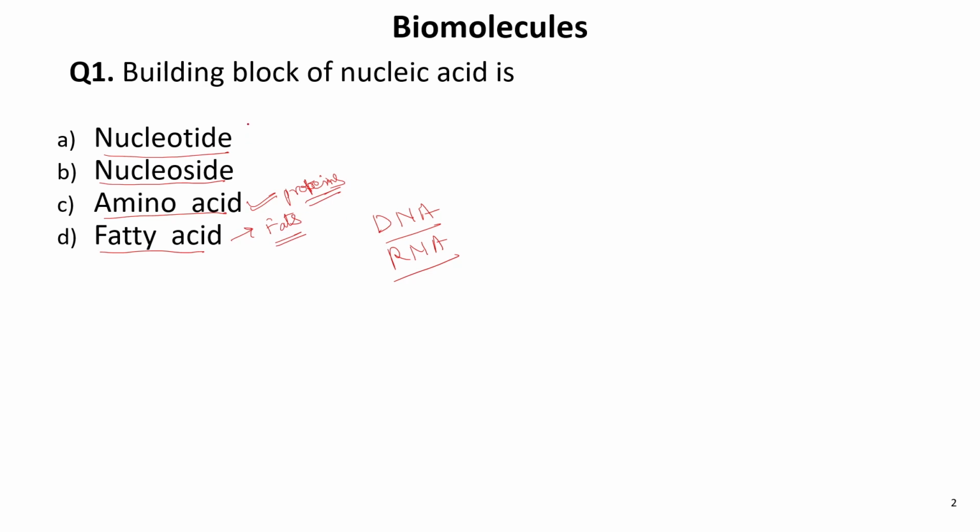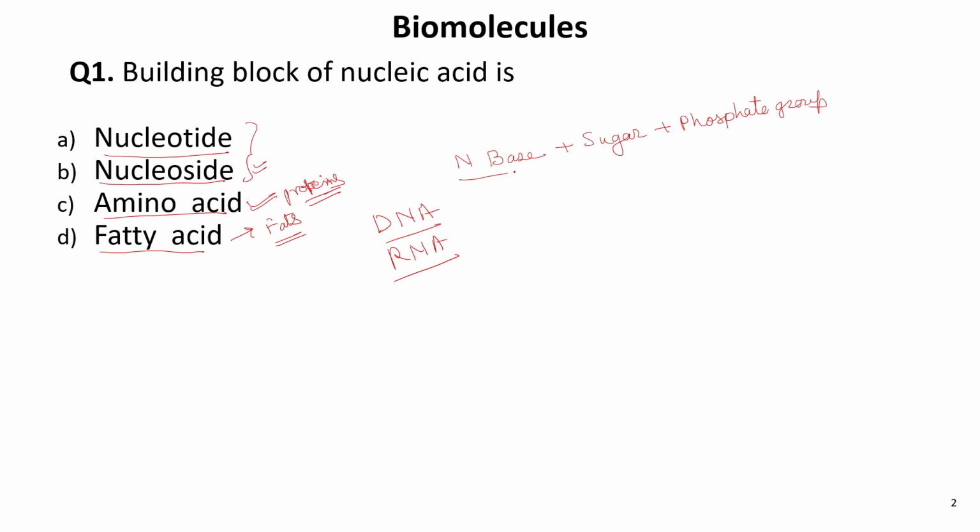Now, there is a difference between these two options, nucleotide and nucleoside. If you remember the difference, then you are able to give this answer. So I'm just writing nitrogenous base, sugar, and phosphate group.